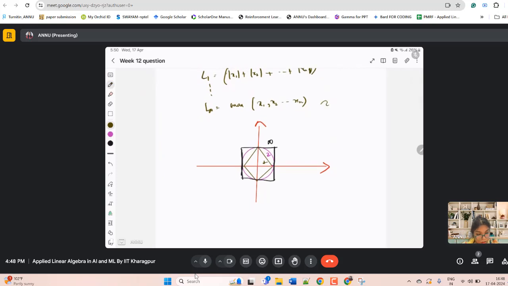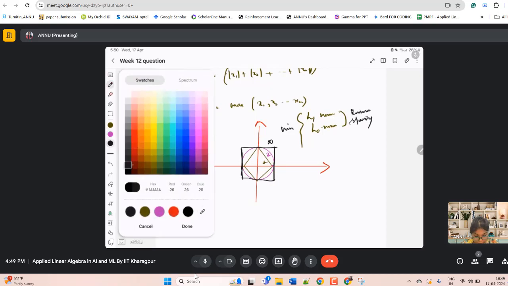Okay. So you need to remember that L1 norm or L0, if you minimize it, it ensures sparsity. Sparsity means more number of zeros and less number of positive vectors. Okay. How would you ensure that? Take green.